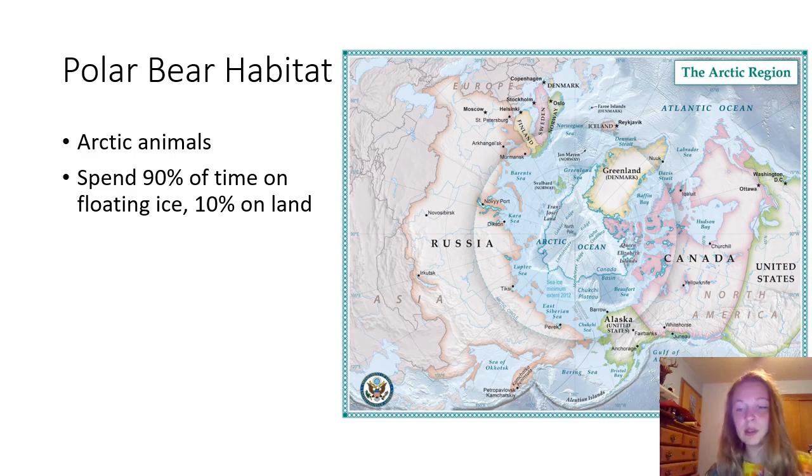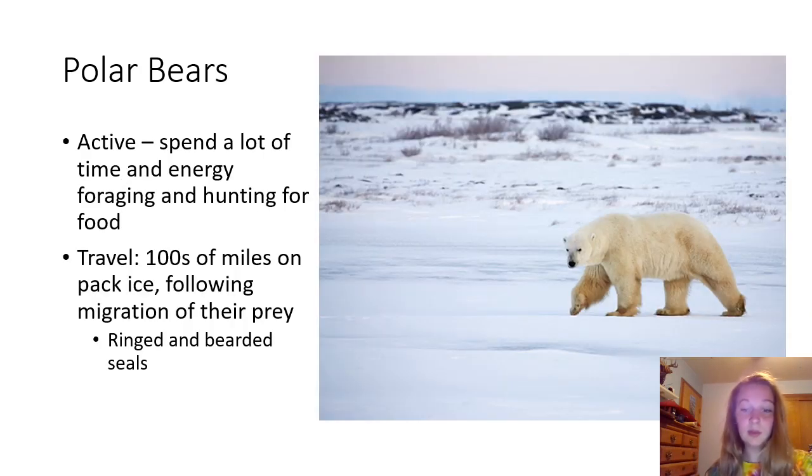Then we would talk about how they spend about 90% of their time on the floating ice within this Arctic region, and only about 10% on the land. Then we could talk a little bit about what polar bears do. They are very active animals and they spend a lot of time and energy hunting and foraging for their food.